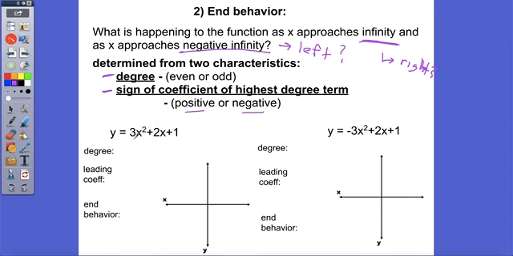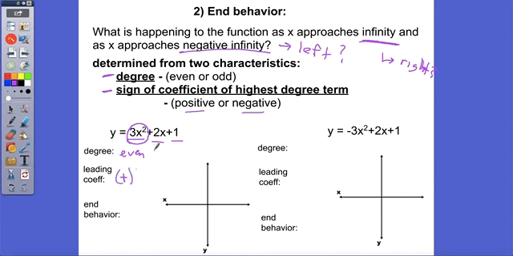For this particular function, of these 3 terms, the highest degree term is this first one. So that's the term we're going to analyze when it comes to degree and sign of the coefficient. So our degree here is 2 because this exponent is 2. So our degree is even. Leading coefficient is positive.